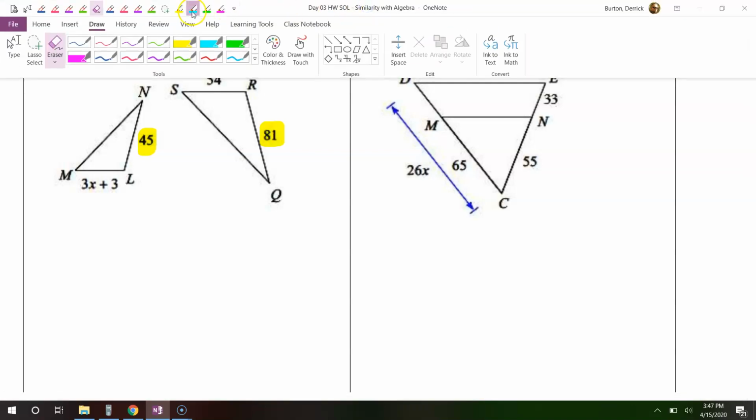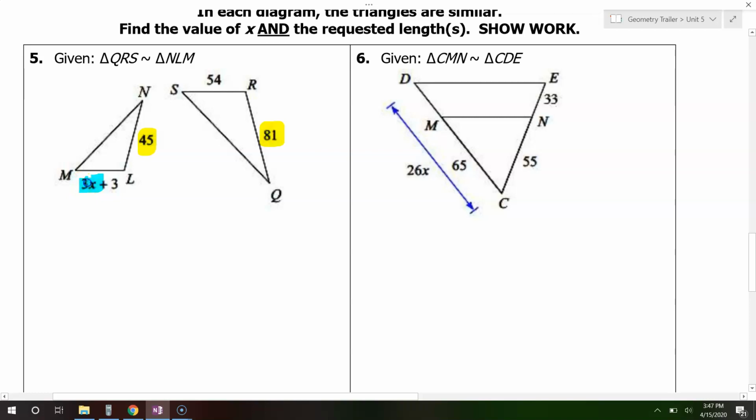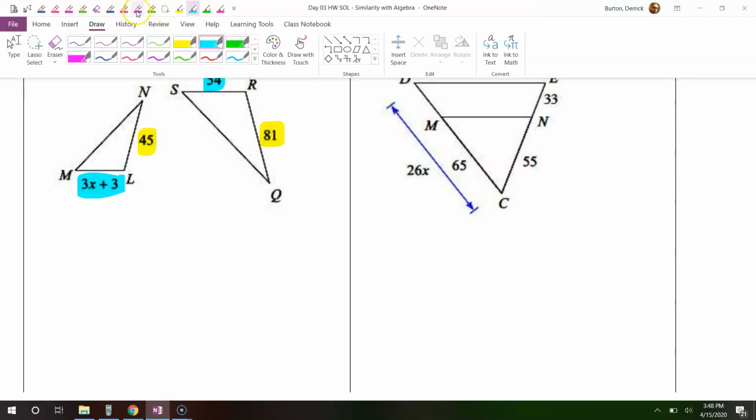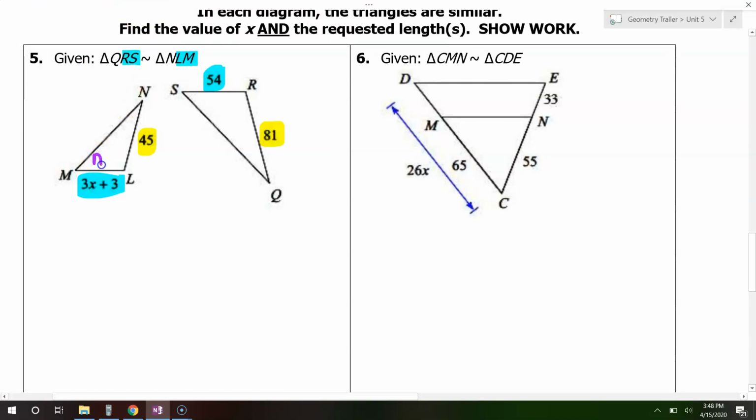All right, now on the other hand, I've got the 3x plus 3 happening. That's ML. Here's ML at the end. That's going to correspond with RS. Here's RS up here, so those two are corresponding sides. Now pick one triangle to be new and one to be old. It does not matter which one you pick.